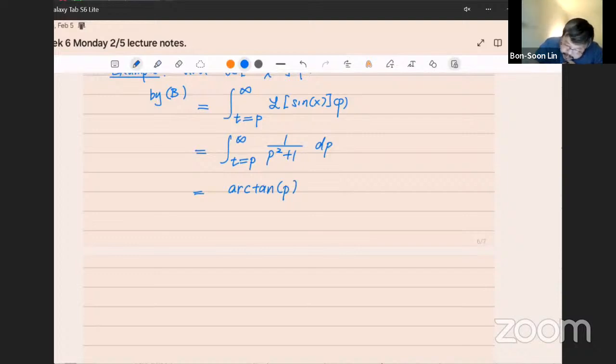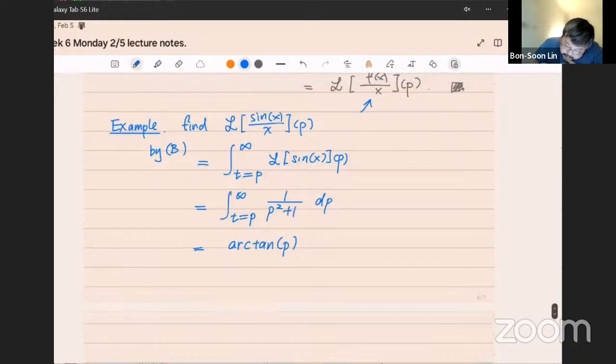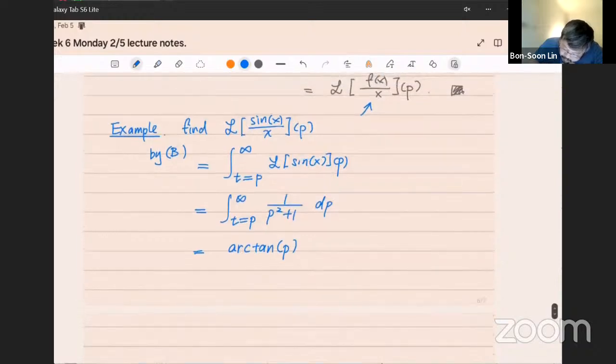Oops, I wrote something wrong. I want to write a dummy variable here, dt, so I don't make a mistake. So here I ought to write t squared plus 1 dt, and t going from p to infinity.